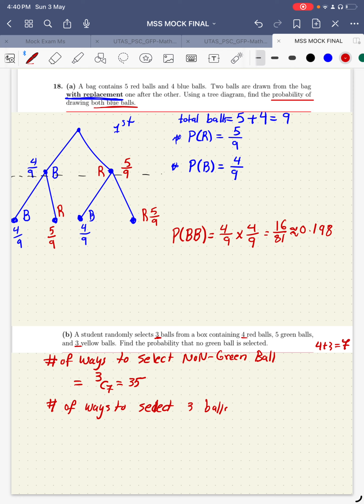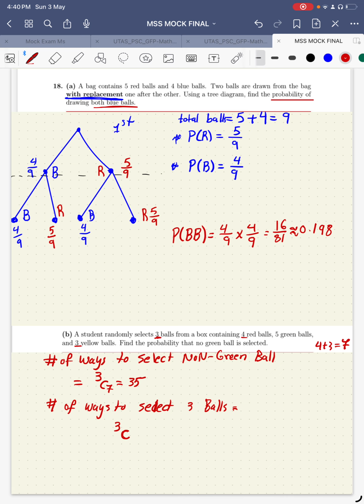In that case, I would like to select whatever ball I have, whether it is green, red, or yellow, I don't care. I need to select three of them. I would like to select three out of how many? How many balls do I have now?